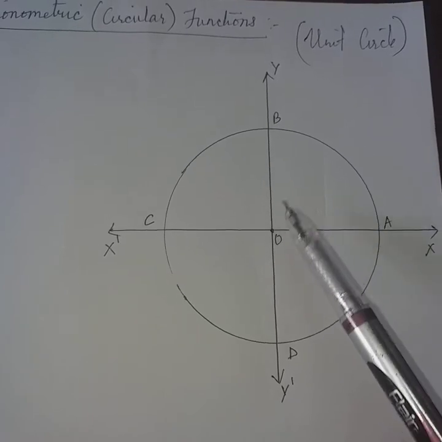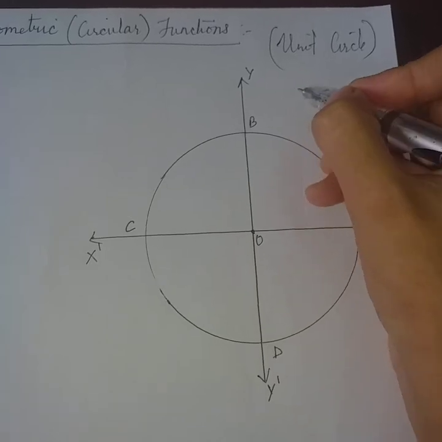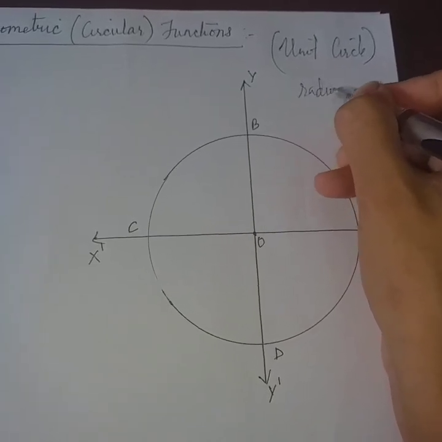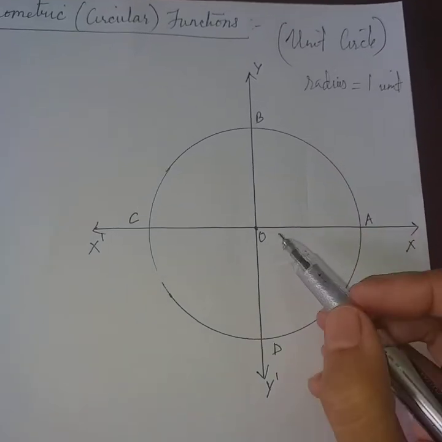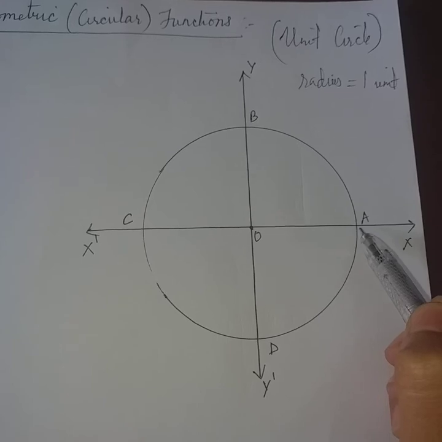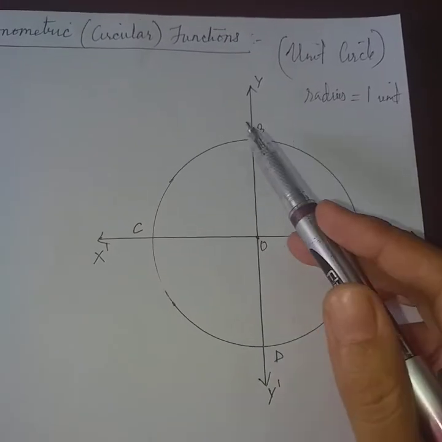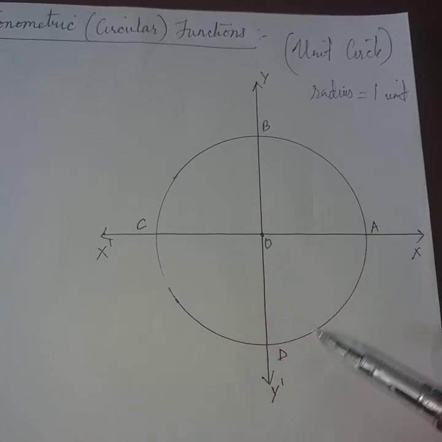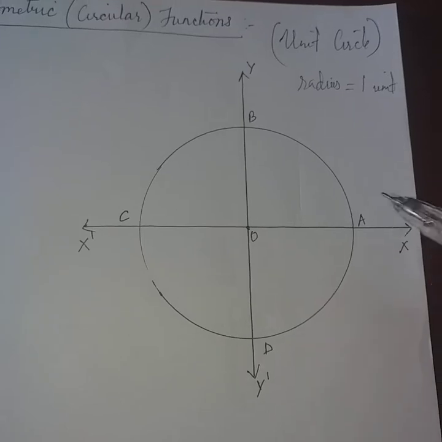Here O is the origin, and we have drawn a circle of radius 1. OA is the radius, and this circle cuts the coordinate axes, the x-axis and y-axis, at A, B, C, D.